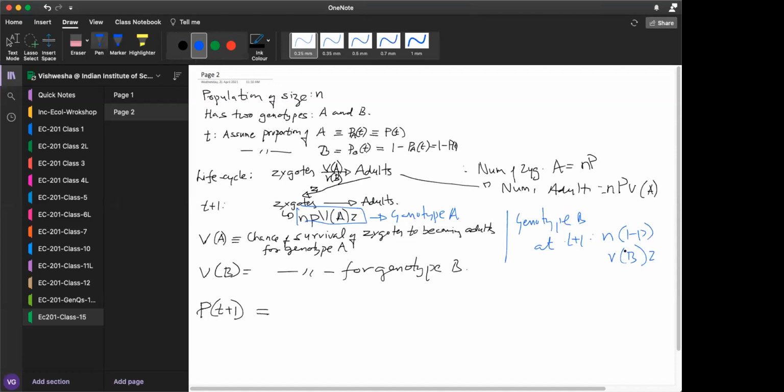And then again you have Z. So it's the product of these four terms. So this is the number of genotypes of A at t+1, and this is the number of genotypes of type B at t+1. So what's the proportion? The proportion is basically the ratio, n P of t. I'm inserting that t back here.